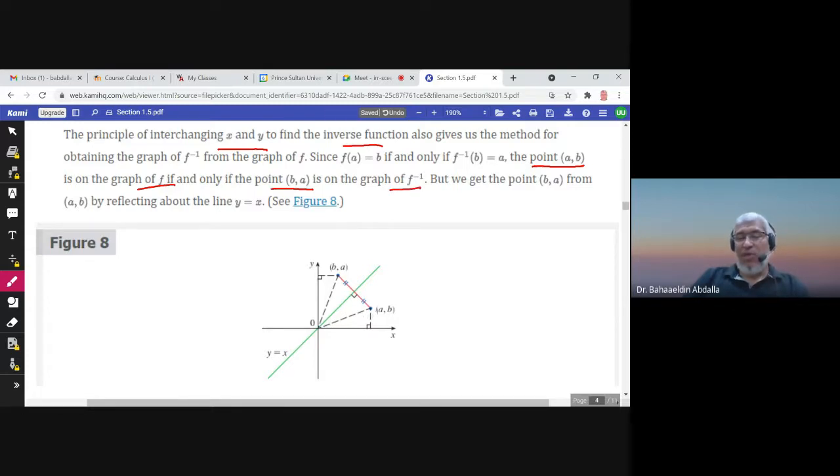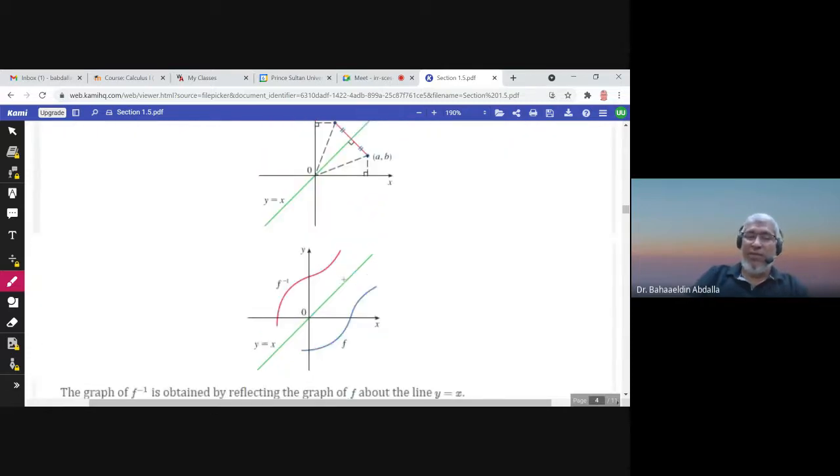So this is the point (a, b). If you interchange x and y, you will have (b, a). So this point would be on the graph of f. This point would be on the graph of f inverse, which means the graph of f inverse is the reflection of the graph of f about the line y equals x.